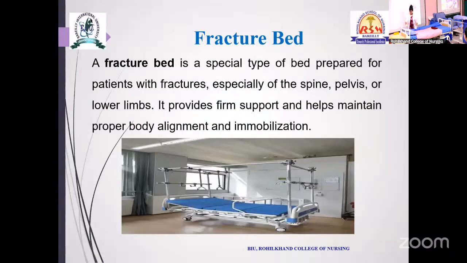Next is fracture bed. If necessary, if a hot water bag bottle is not available, we can use a warmer in the post-operative ward to warm the room. A fracture bed is a special type of bed prepared for the patient with fracture of the spine, pelvis or lower limb.